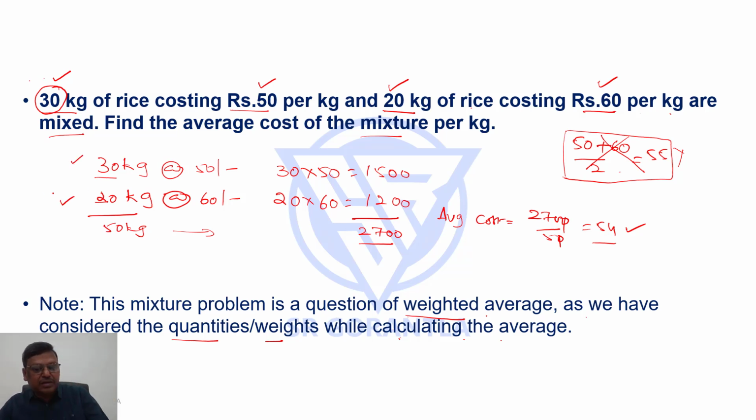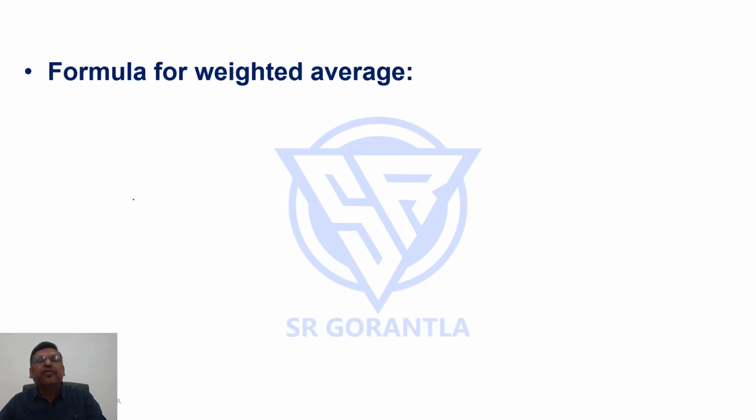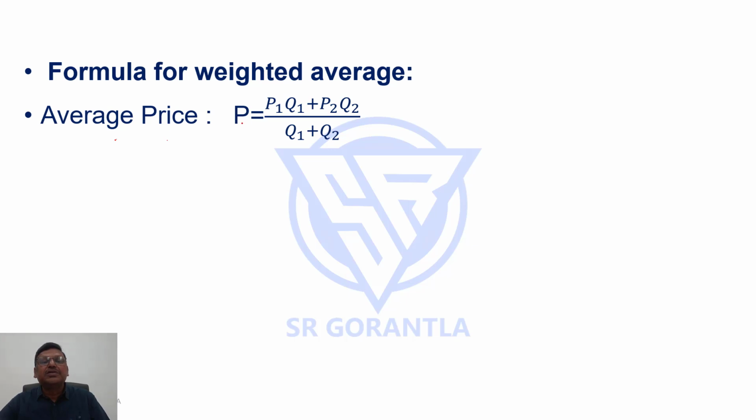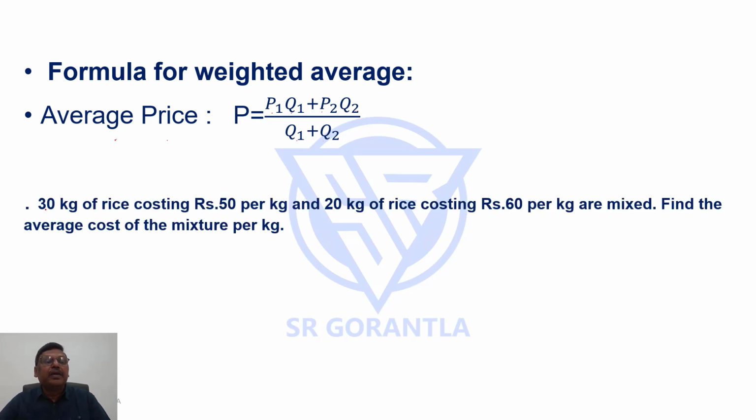The same thing we can take as a formula also. So what is the formula for weighted average? Average price P equals P1 Q1 plus P2 Q2 by Q1 plus Q2. Let's see the same question that we have taken previously. P1 is 50, Q1, the first quantity, is 30, plus P2 is 60, Q2 is 20, by Q1 plus Q2.